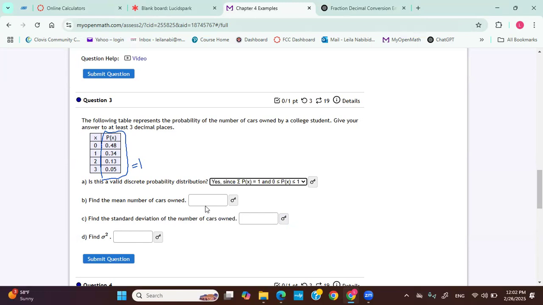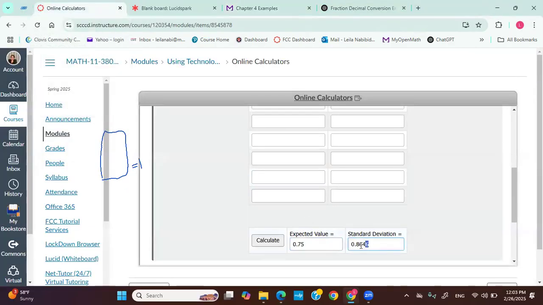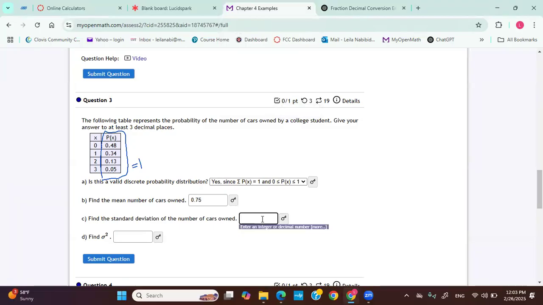Now it says find the mean. Mean is exactly the expected value. We found it here, it is 0.75. And it says find the standard deviation. Again, we have the standard deviation here on the online calculator. We can type it there, 0.8646.